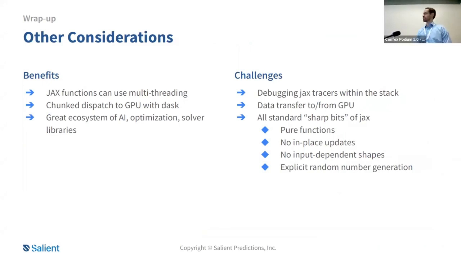Just a few final points to make. Especially with the interplay with Dask, this pattern actually works quite well, because, one, JAX functions release the global interpreter lock, so you can get really good performance across CPU cores just by chunking your array and using the default threaded scheduler with Dask.